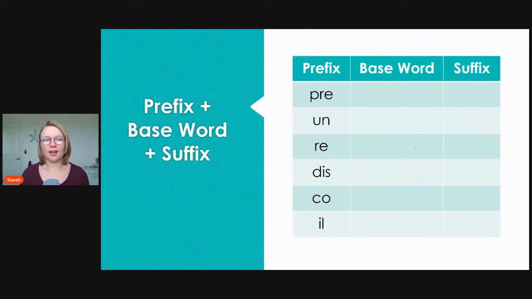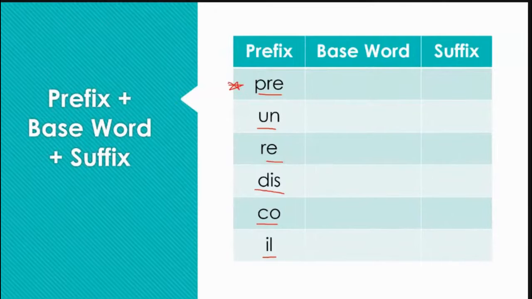So let's take a look at some. Here we have 6 of our prefixes that we've chosen here: pre, un, re, dis, co, and il. So let's add base words to them and see if we can guess what they mean. Let's begin with pre. Do you remember what pre means? Pre means before. So when we add a base word, like a verb, view, preview.